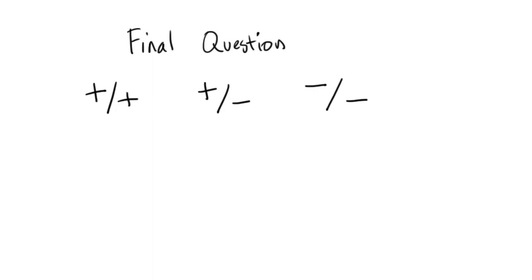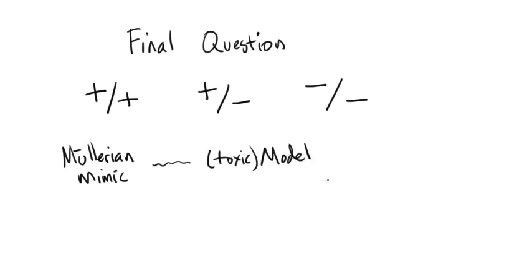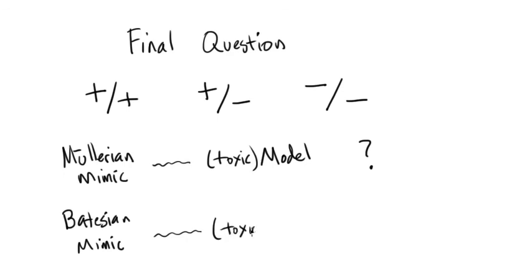Which of these fits the interaction between a toxic Mullerian mimic and its toxic model species? And which of these fits the interaction between a non-toxic Batesian mimic and its toxic model species? And you should be able to explain your reasoning.